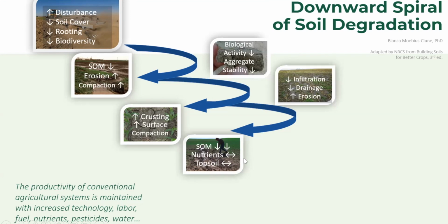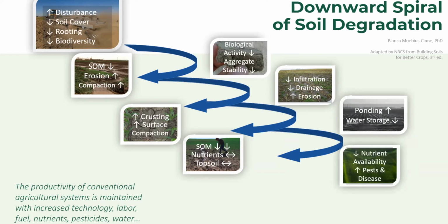Our nutrients tend to be lost to whatever body of water that we're then having water quality concerns with. Same with the topsoil, which is the best part that we should be growing in. And we get more ponding and yet less water storage, right? We get that ponding, then we get some runoff. We're just not storing enough water across the whole agricultural landscape, because a lot of soils are at least a little bit sloped, right?